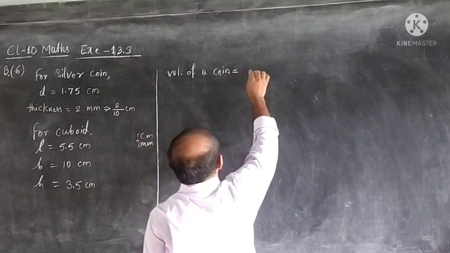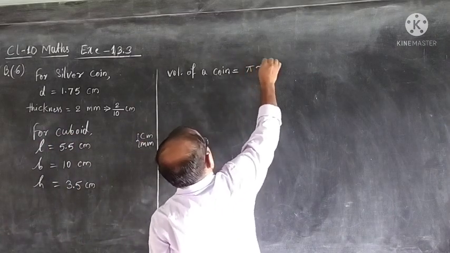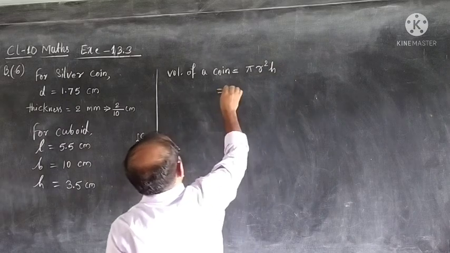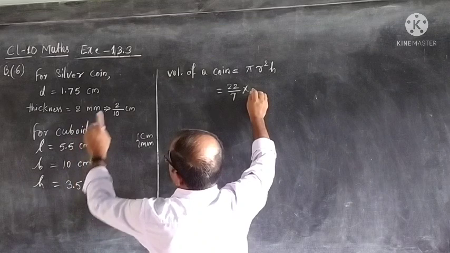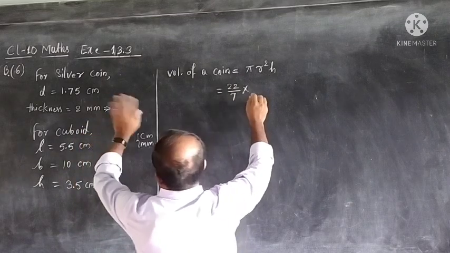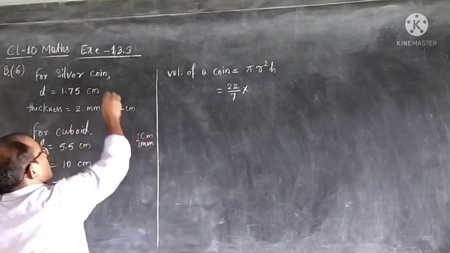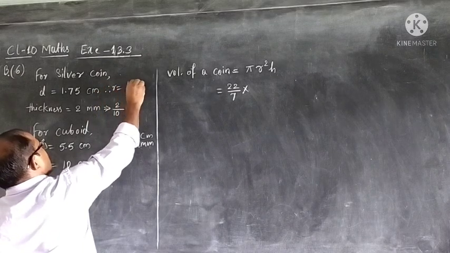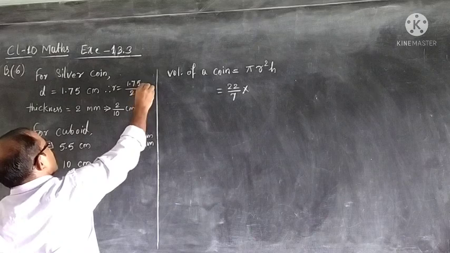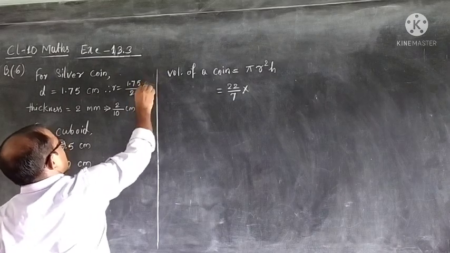What is the shape of the coin? Cylinder. So, the cylinder formula is pi r square h. Pi is 22 by 7, radius is not given, that is diameter. So, we will get the radius. What will be the radius? Half of diameter, 1.75 by 2, it is centimeter.